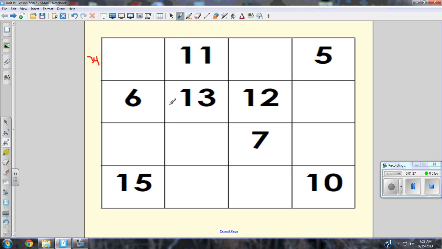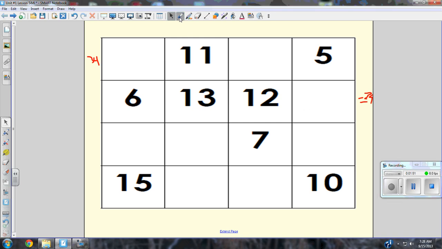6 plus 13 plus 12 plus what number would equal 34? Alright, 13 and 12 is 25. 25 and 6 is 31.